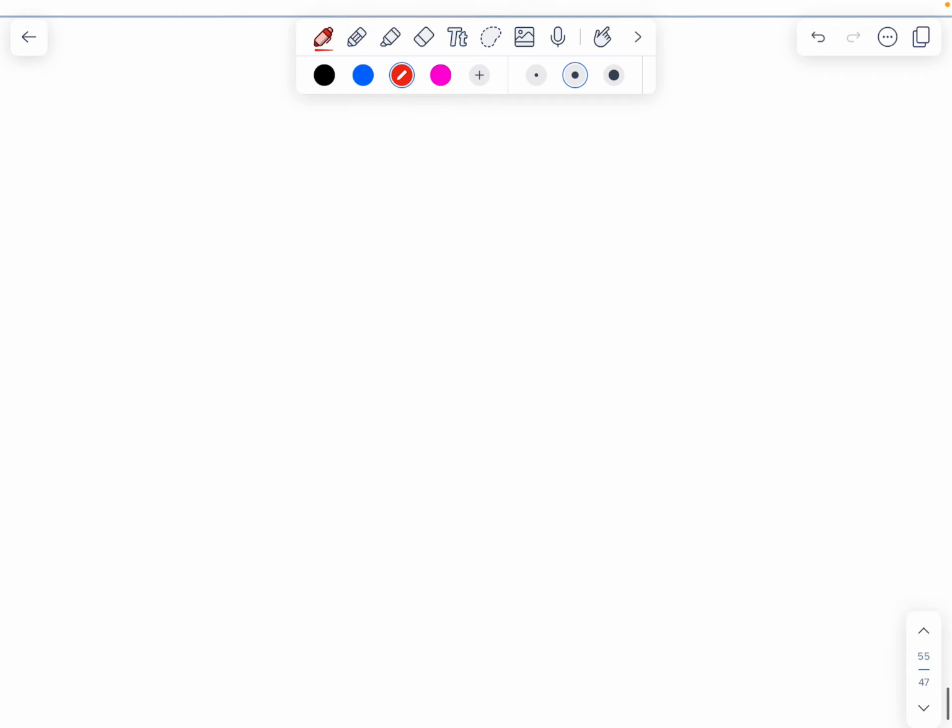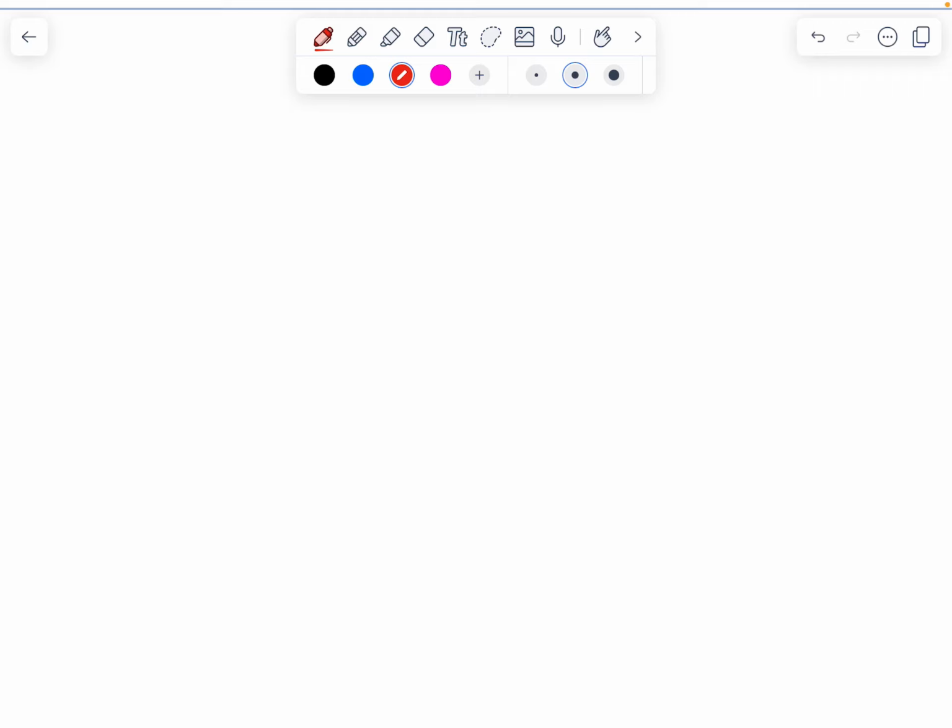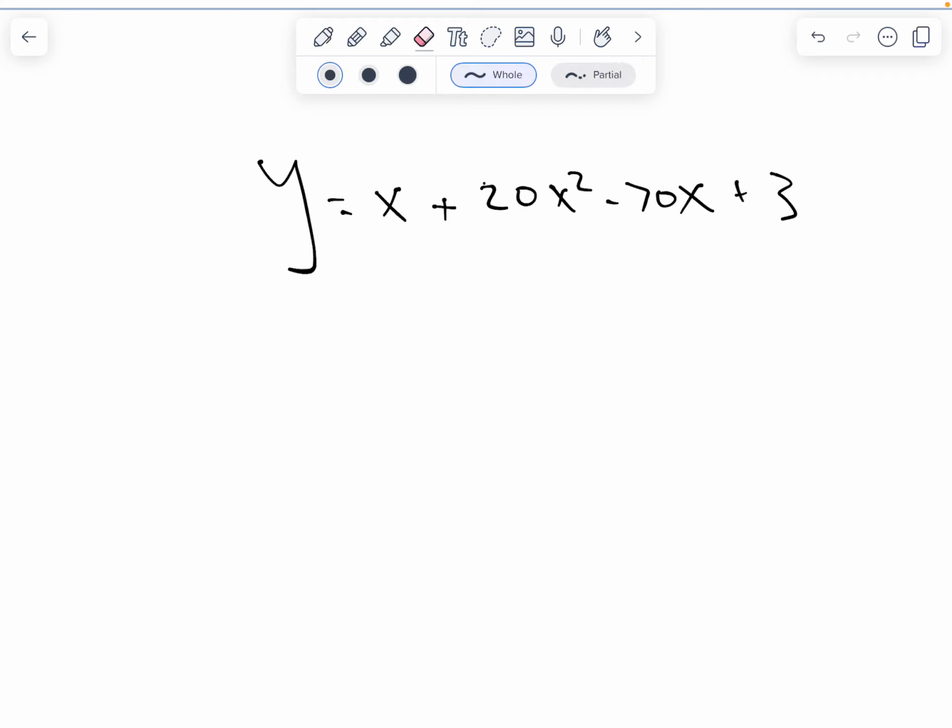So with that as an introduction, let's talk about that same equation. y equals x cubed plus 20x squared minus 70x plus 3. Sorry, that's a cubed. Let me fix that.